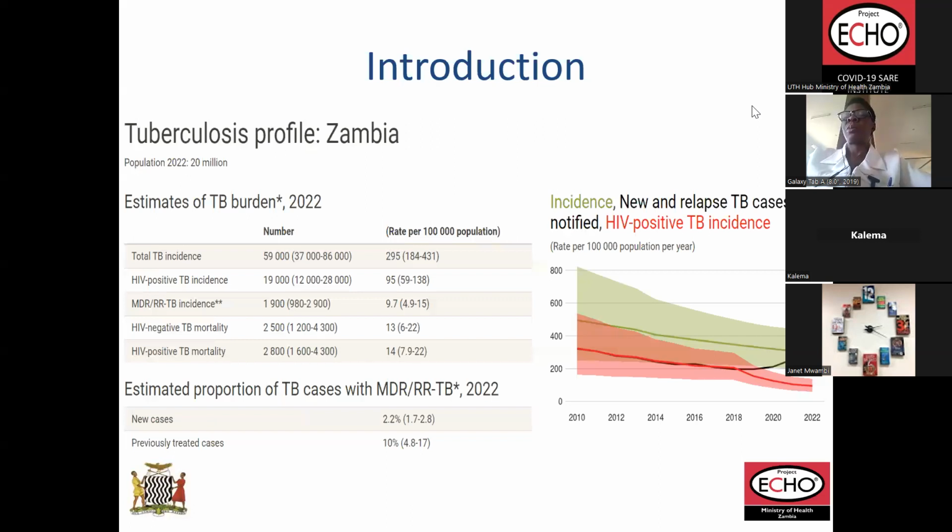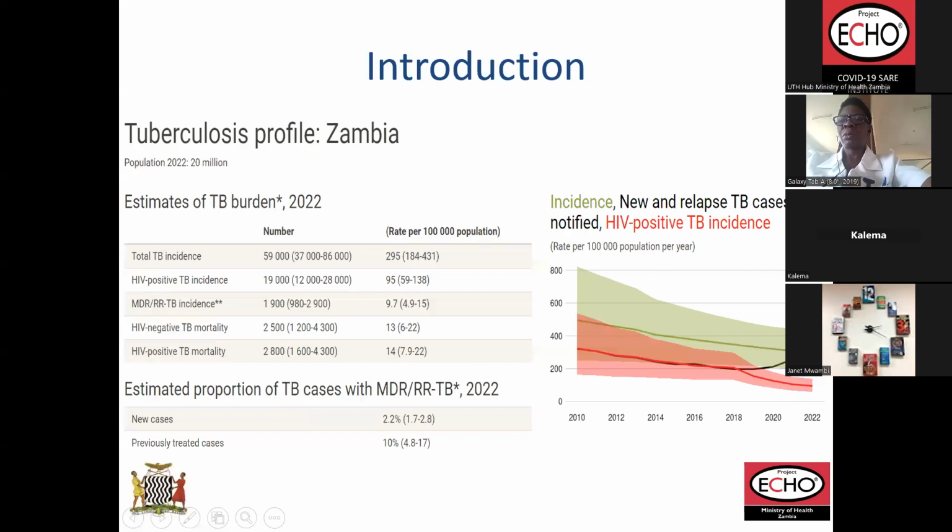Now, allow me to take you to the right of my presentation where we have this green, yellow, and some pink color. The green color shows us the reduction in the incidence. The black line that you are seeing going up, almost touching the green line, is the case notification for the country. And then the red color shows the incidence in the HIV positive population.